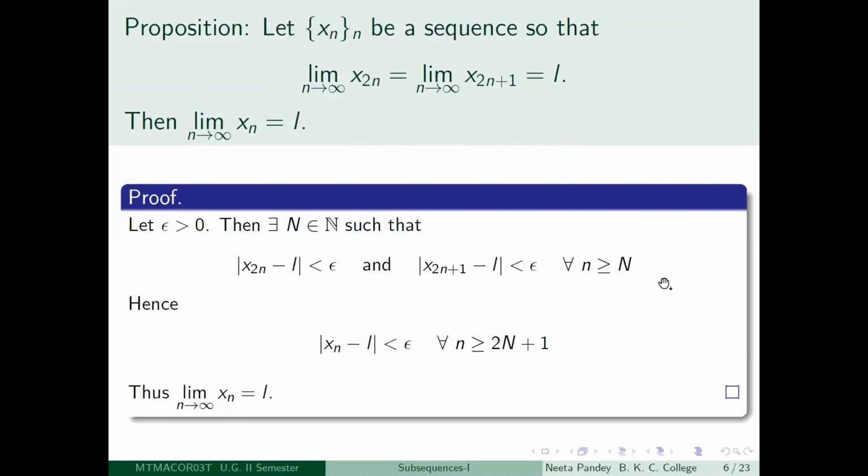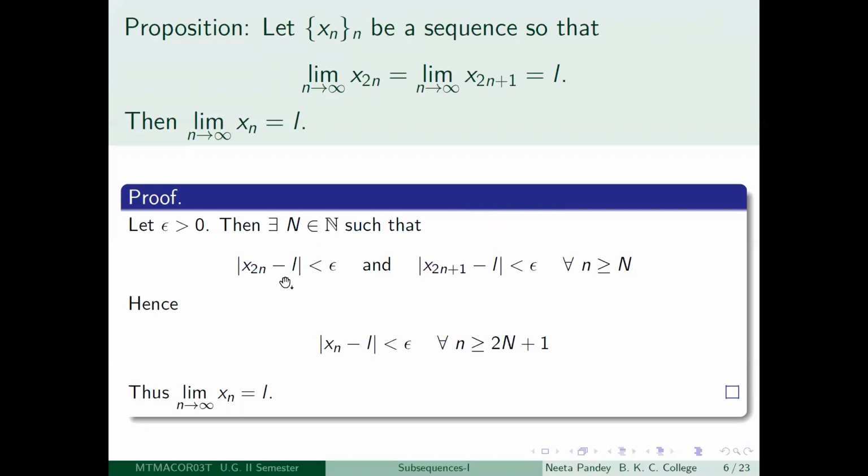And if you write it down precisely, it will take you very little time. Suppose you take any epsilon greater than 0. Then by this condition, there is a capital N such that for all little n greater than or equal to capital N, mod x_2n minus L is less than epsilon. Similarly, I have not bothered to do that step here.